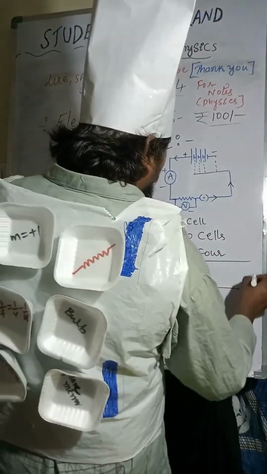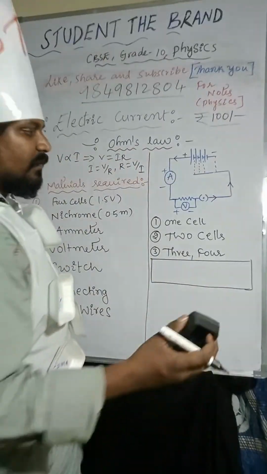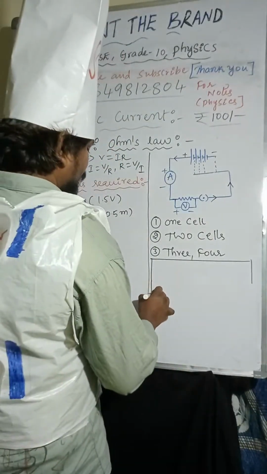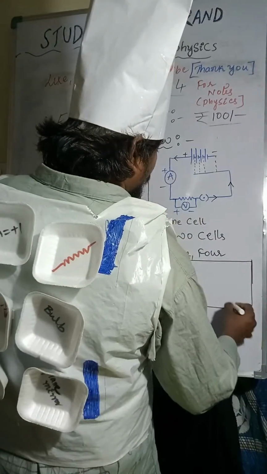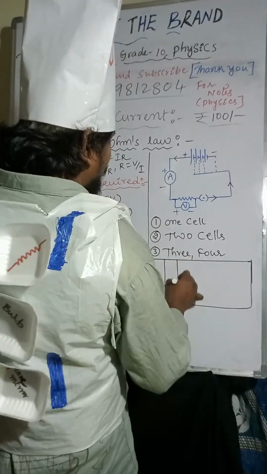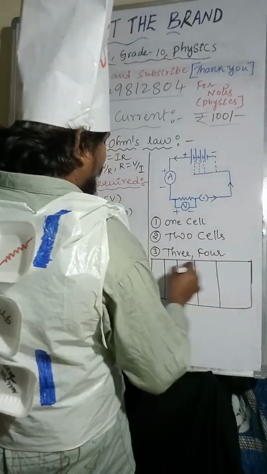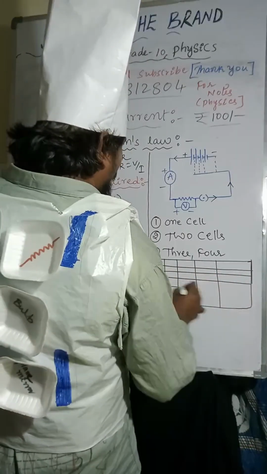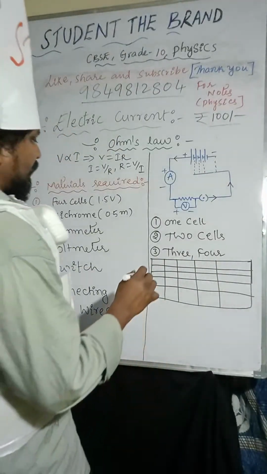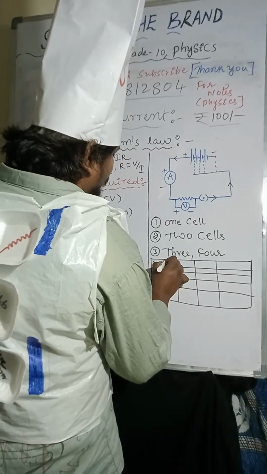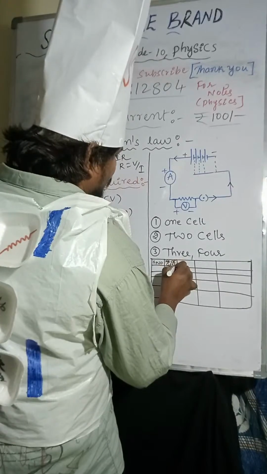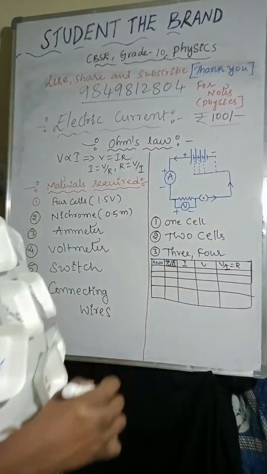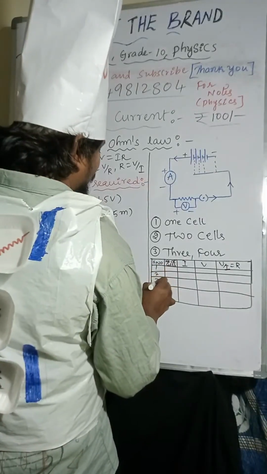This is the tabular form: serial number, number of cells required, ammeter reading, voltmeter reading, and V by I, that is equal to R. Serial numbers 1, 2, 3 and 4.